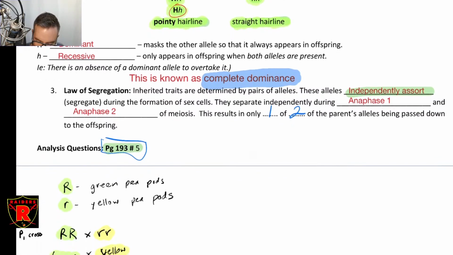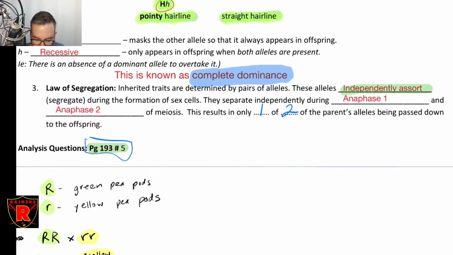And the last idea here is called the Law of Segregation, which is that alleles independently assort. We talked about independent assortment, the idea that they randomly go left or right during meiosis, during the formation of sex cells, during anaphase 1 and 2. That's not actually where the sorting happens, but they separate during anaphase 1 and 2.